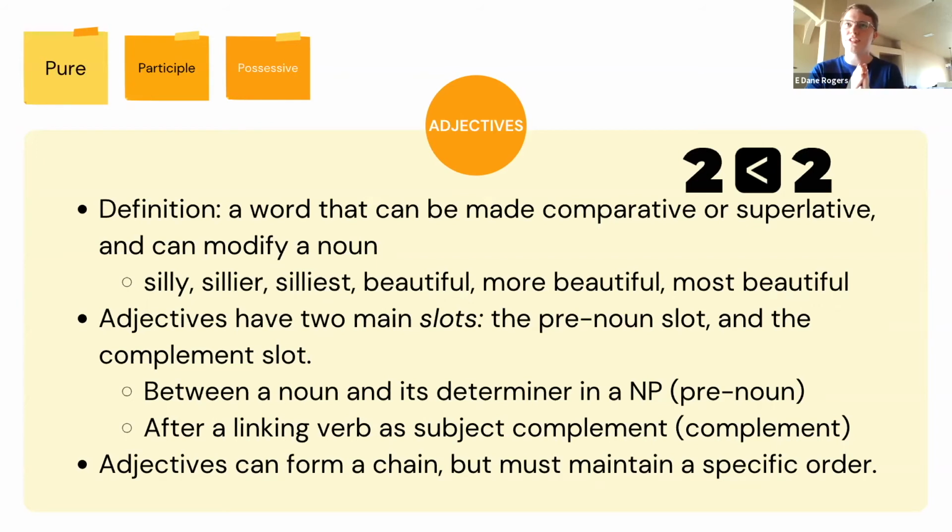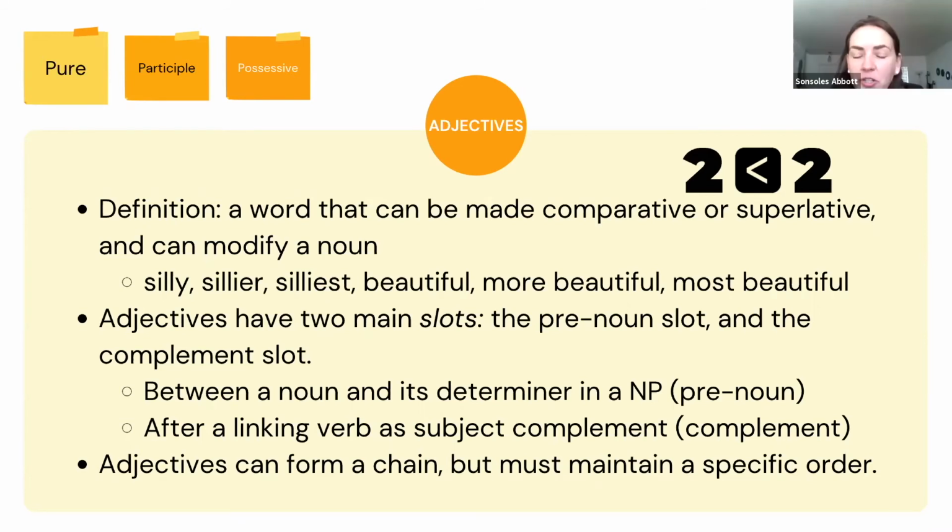But if it has 2 syllables, oh, I can't think of an example right now. If it has 2 or 3 syllables, like beautiful, I need more or most to make it comparative or superlative.